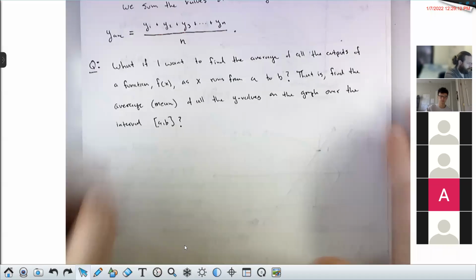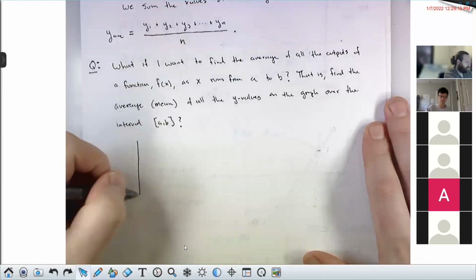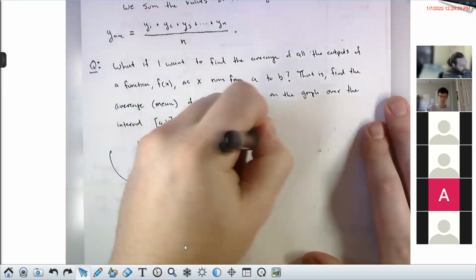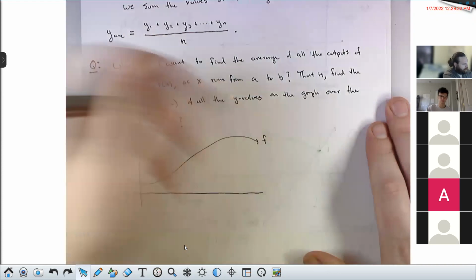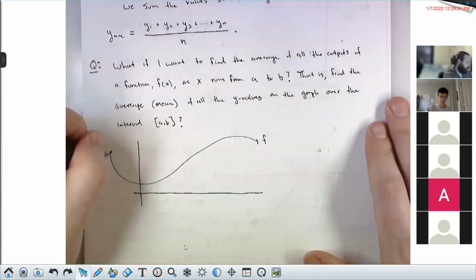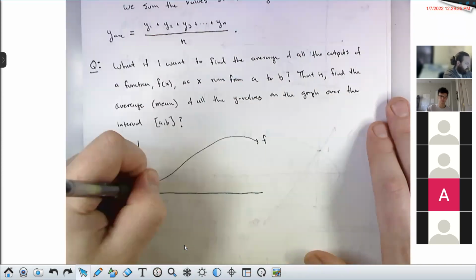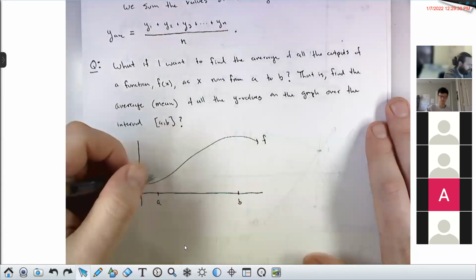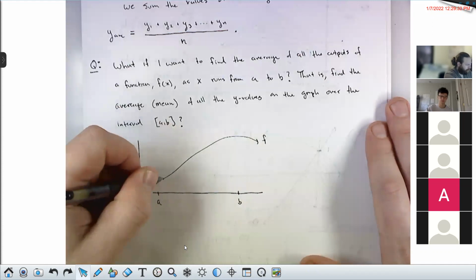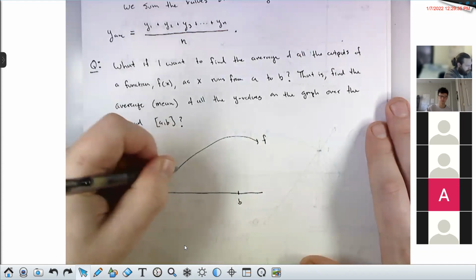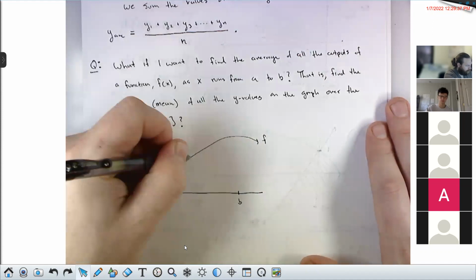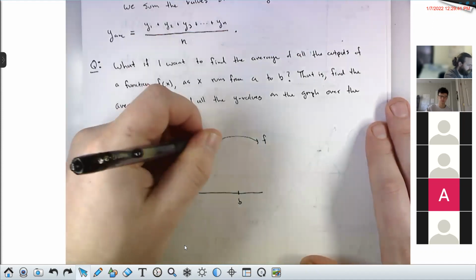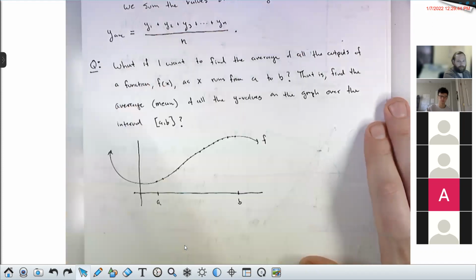Well, let's draw a picture. Here's my function f. Maybe A is here, maybe B is here. What I want to do is average all these y values. Now, I'm not putting a point at every single one because that's precisely the challenge. There's infinitely many.